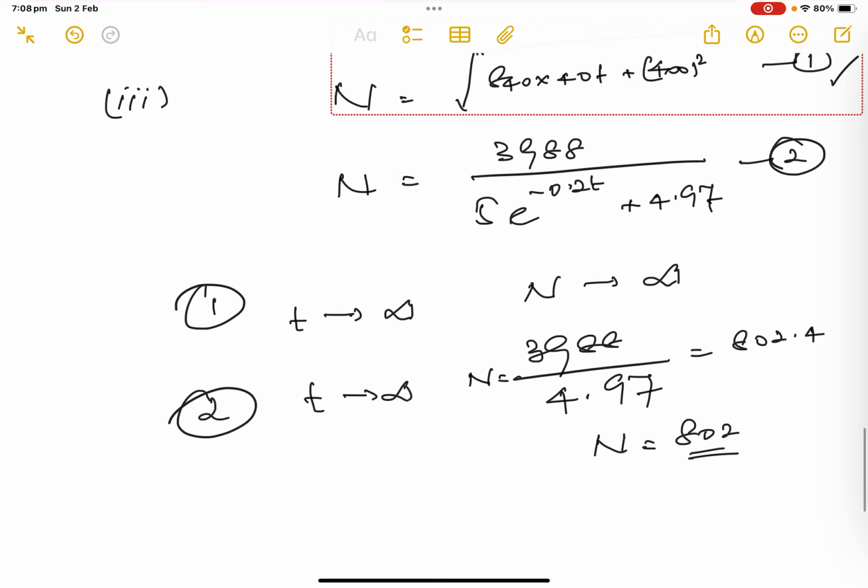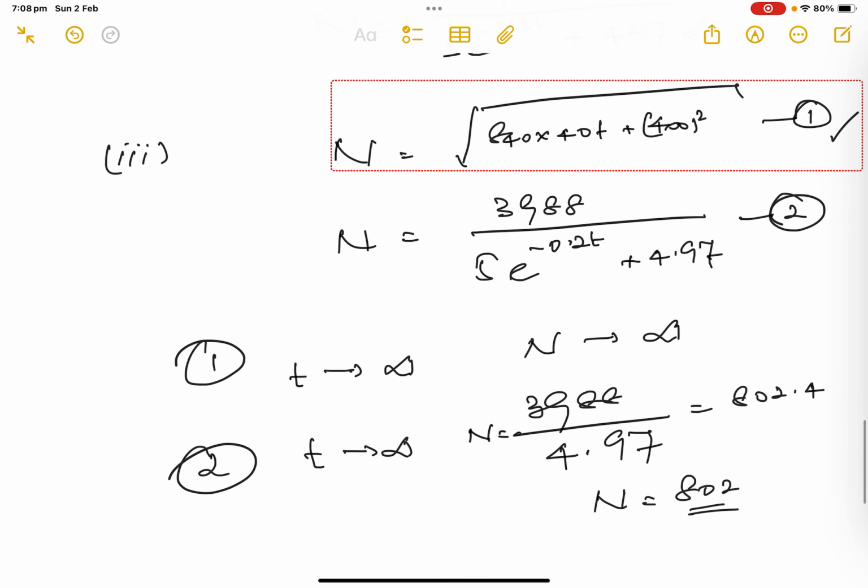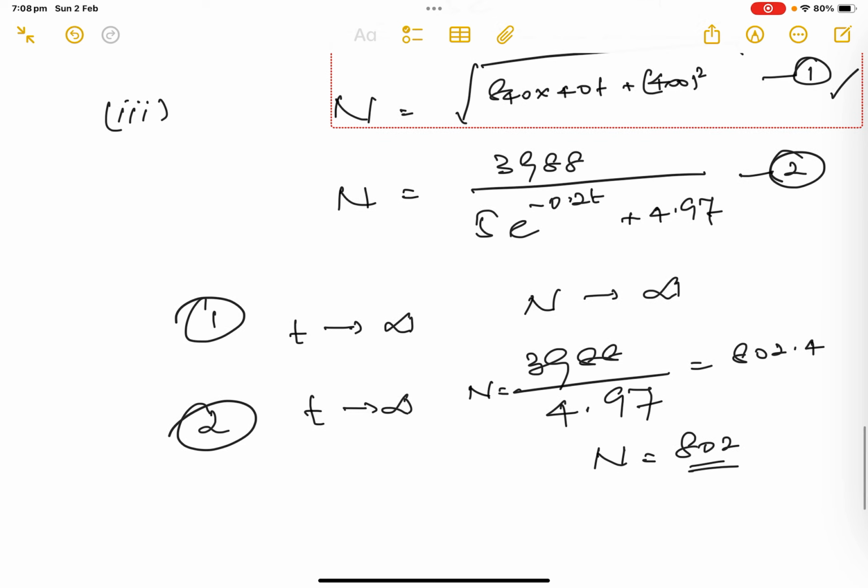There are two t's. But long term in mathematical terms is t tends to infinity, t bigger and bigger. If we substitute infinity for t in the first equation, it will be 840 times 40 times infinity, the whole thing will be infinity. Therefore, n tends to an infinite value.